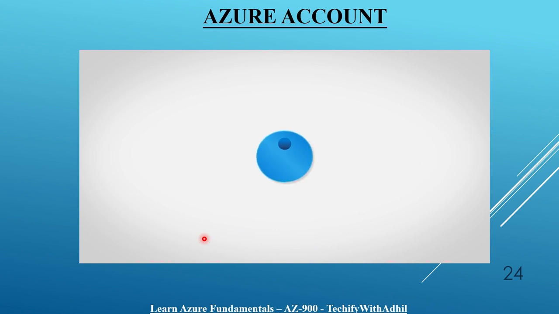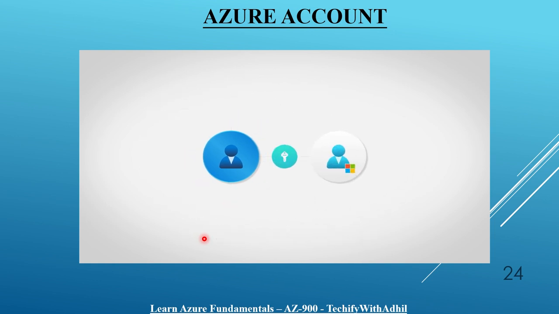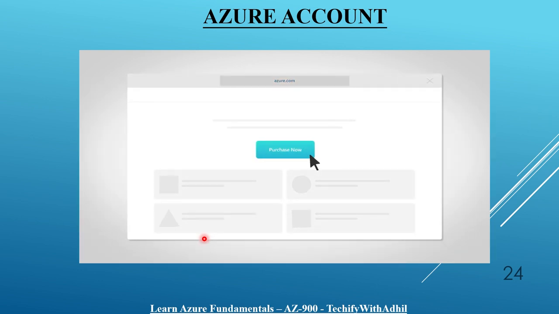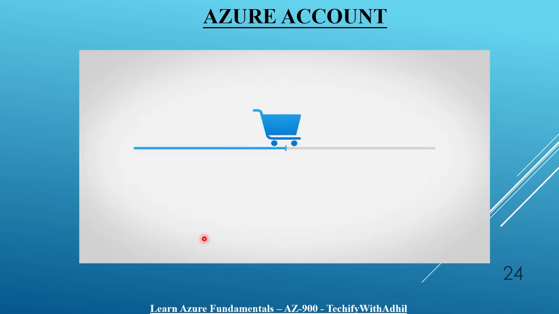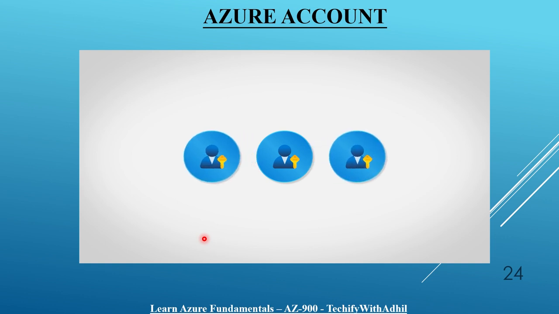If you work for a large organization, you may be able to purchase access through a Microsoft representative or through a Microsoft partner. Finally, you can purchase access directly through Azure.com. With pay-as-you-go pricing, you pay only for what you use each month, with no upfront commitment, and you can cancel at any time. Once you have an active Azure account, you may want to create additional subscriptions for resource or billing management purposes.